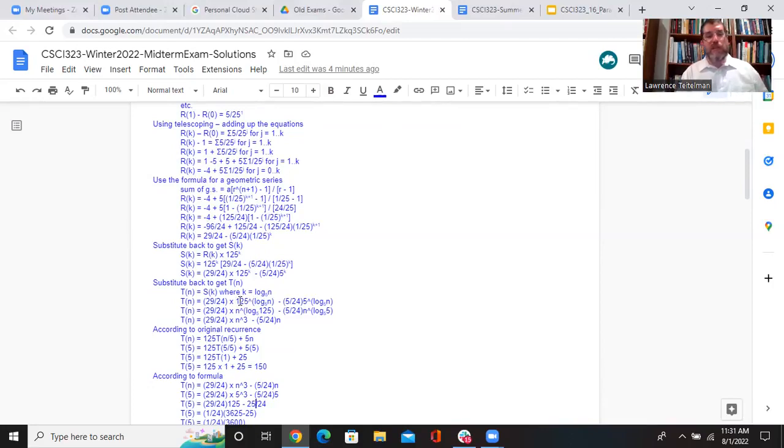Now here's a rule you need to remember. If I have something like this, that's equal to n to the log base 5 of 125. So that's an important rule.